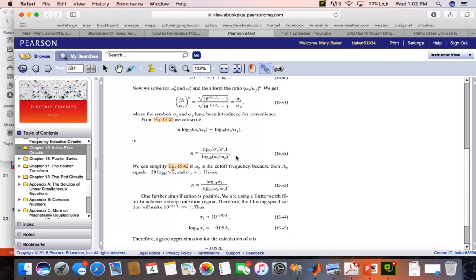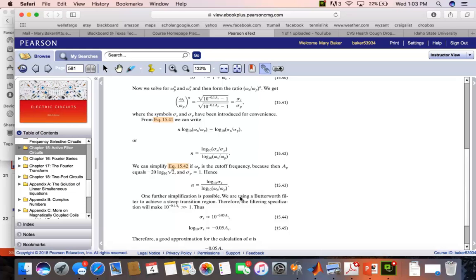Now, if we simplify this by saying omega P is the cutoff frequency, then AP would be minus 20 log base 10 times the square root of 2, because cutoff frequency is designed as the square root of 2. That then makes sigma P equal to 1, and so this expression for n simplifies somewhat.